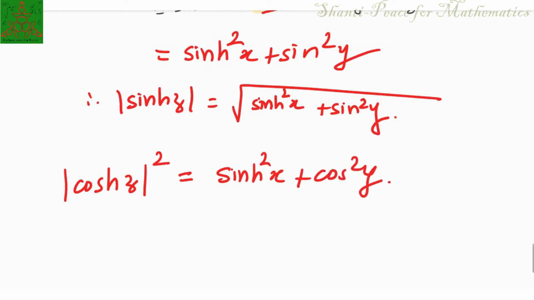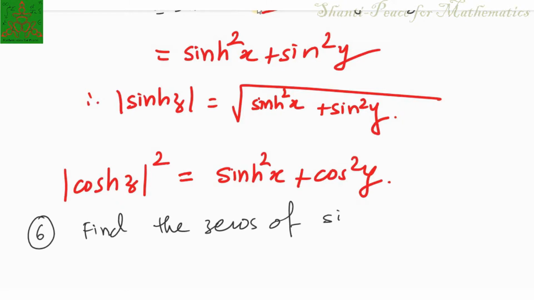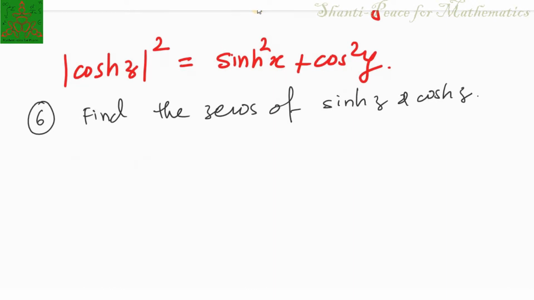The next property that we have is: find the zeros of sine hyperbolic of z and cos hyperbolic of z. We already defined what we mean by zeros of a function. Zeros of a function means a value at which the function takes the zero value. So for that, you start with sine hyperbolic of z equal to 0, which implies mode of sine hyperbolic of z square will be 0.